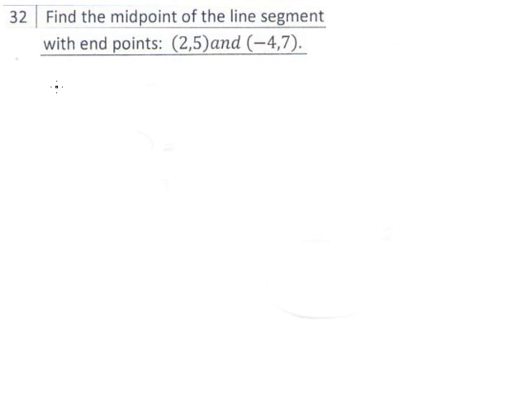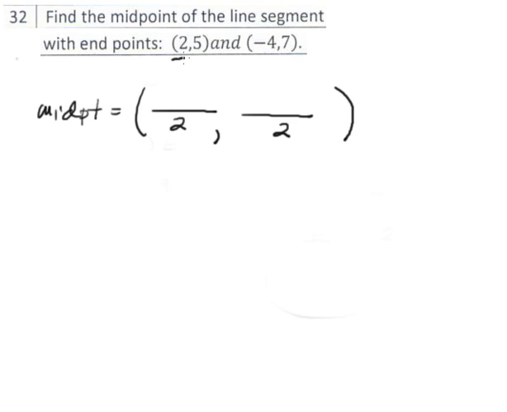In number 32, we're going to find the midpoint of the line segment with these endpoints. So we'll use the midpoint formula. The midpoint is equal to, and what we do here is we take the average of the x values and the average of the y values. So we're going to first add up these x values: 2 plus minus 4.